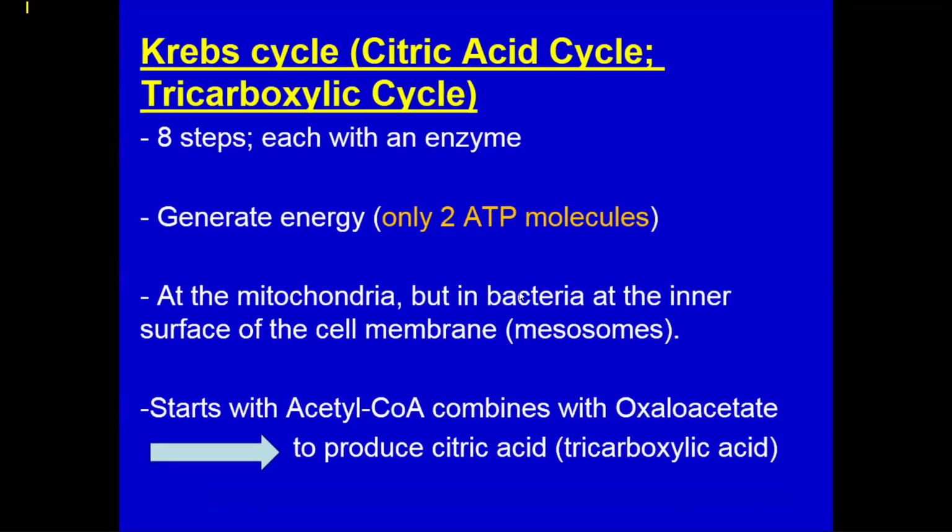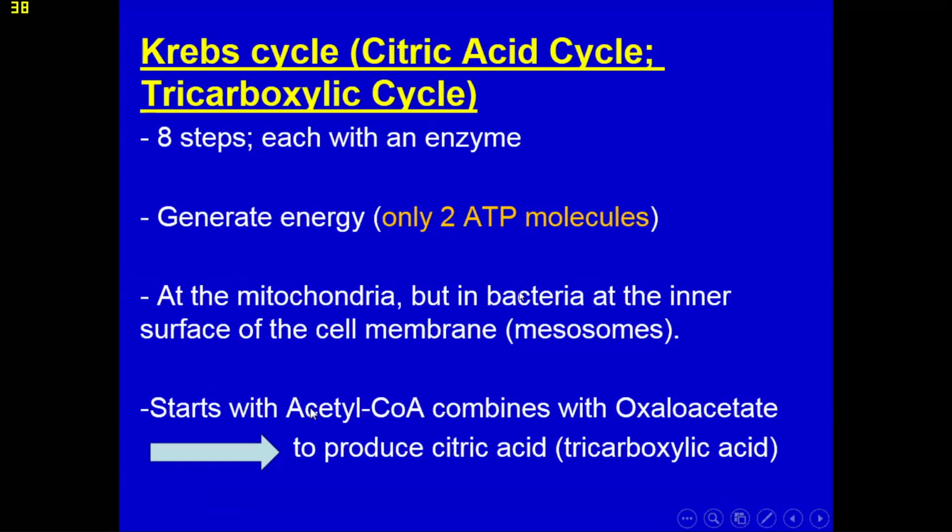What is the substitute for mitochondria in bacteria? A structure called mesosomes, which are present on the inner surface of the cell membrane of bacteria. Bacteria has a cell membrane with folds like vesicles called mesosomes. You may have reviewed them in the first lectures.